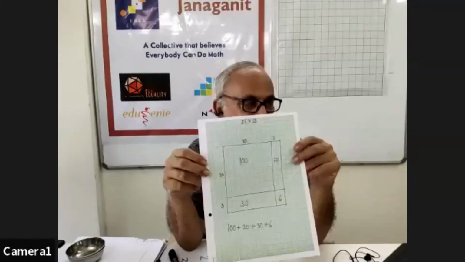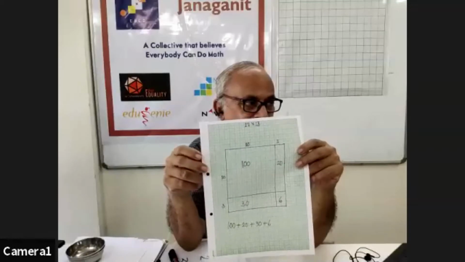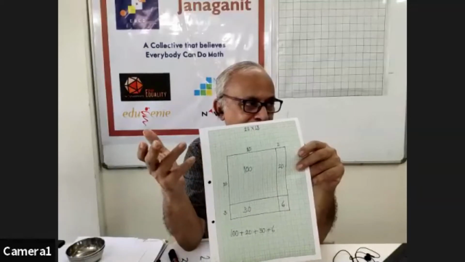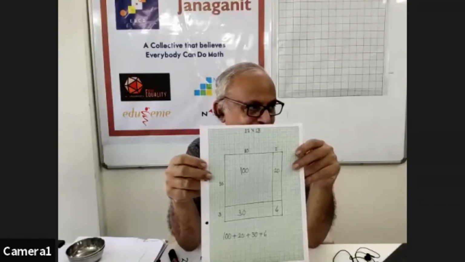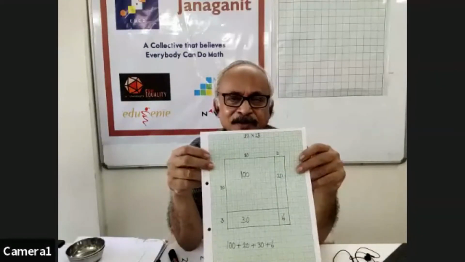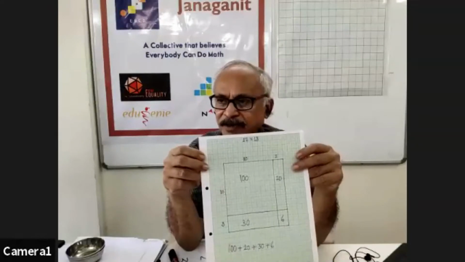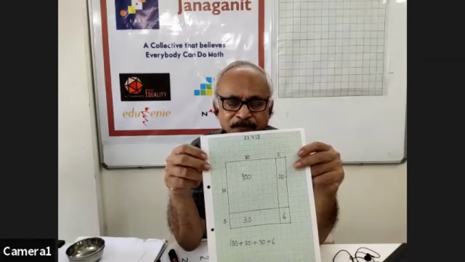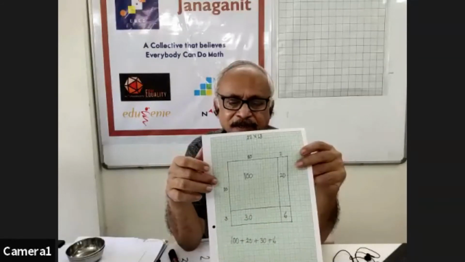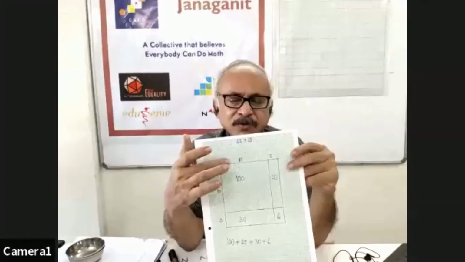T into 10. But 10 is also T. T into T. Right? Very good. So you have discovered how to write 100 in T language. It is just T into T.